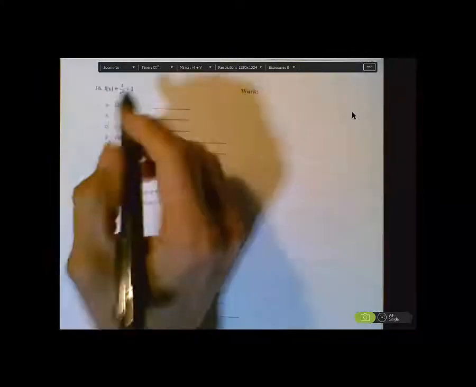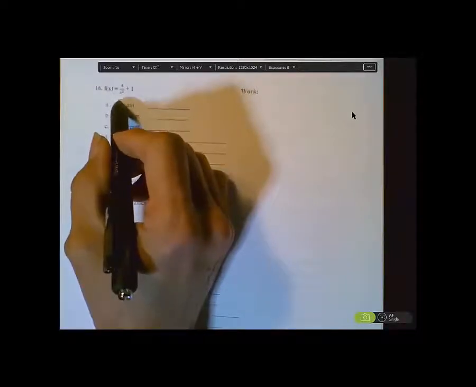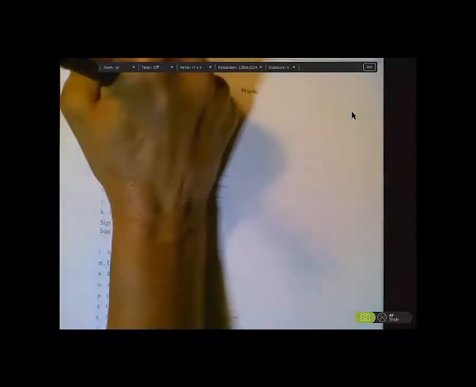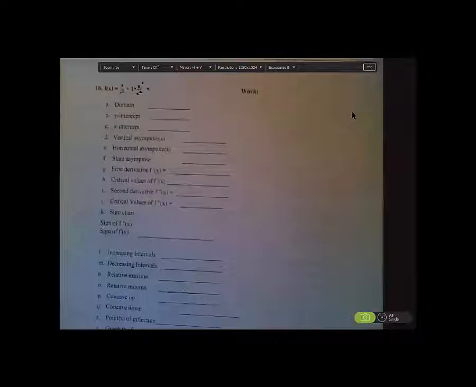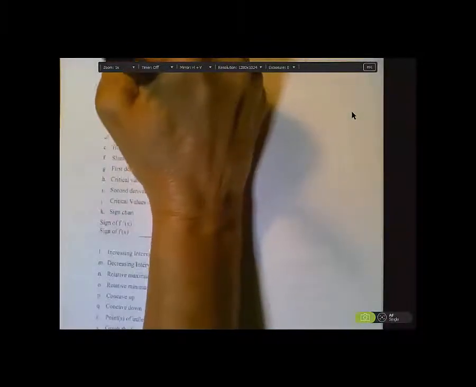Now that's also a rational expression, but to determine what makes the numerator 0 and what makes the denominator 0 so that I can find critical numbers, I need to write that as a single rational expression. If I just multiply that 1 by x squared over x squared, then I have a common denominator and I can add the numerators.